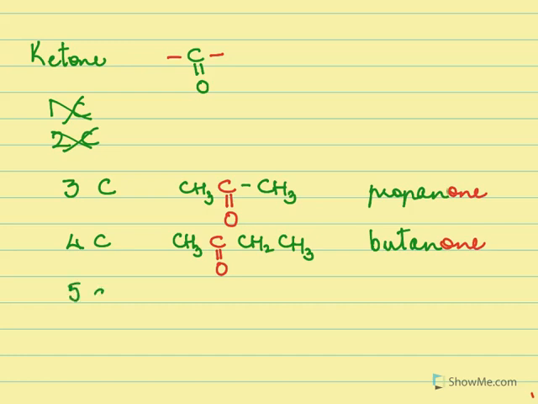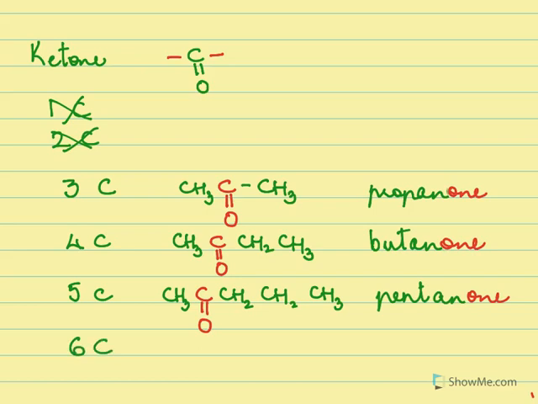So when you have a 5 carbon ketone, here is your ketonic group. Now you need to put 5 carbons. So I put 1 carbon here, 2, now it is 3, 4, the last has got CH3. So this is pentane, and you take away the E and you put O-N-E, that becomes pentanone.